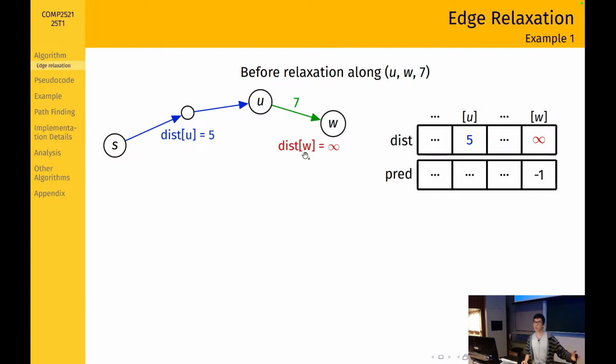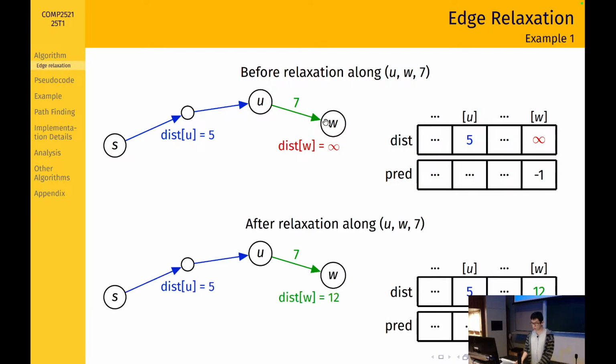So the distance to W is currently infinity. Okay, so when we relax along this edge from U to W, we find that we have a new path from S to W, which has cost 12. So we store that in our distance array because 12 is obviously smaller than infinity, and we update the predecessor of W to U. Okay, so that's an example where we haven't actually found a path to the vertex yet.